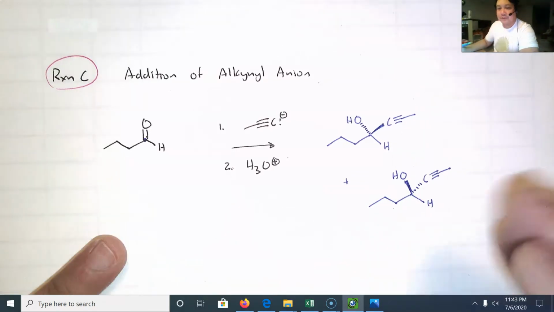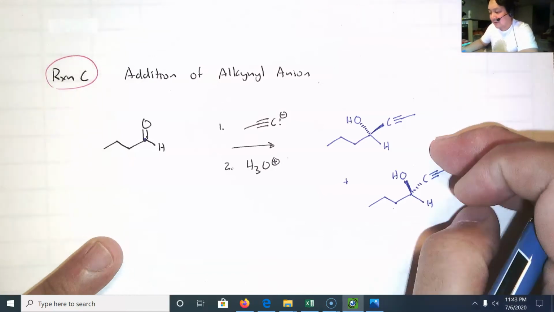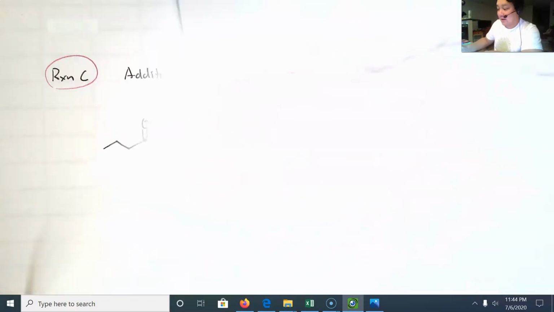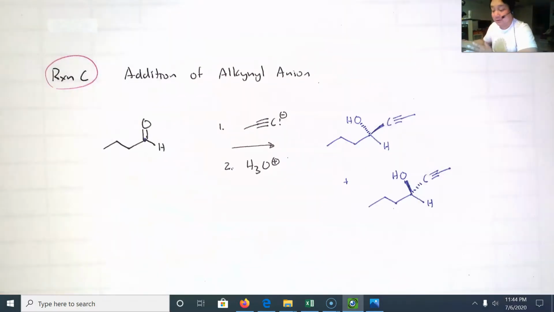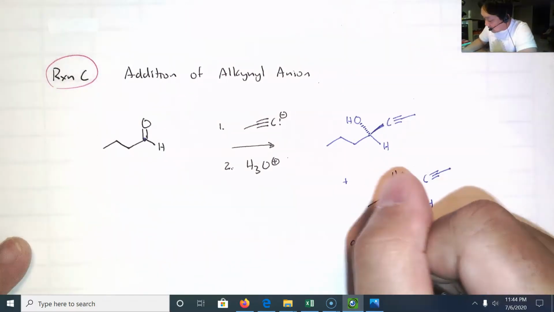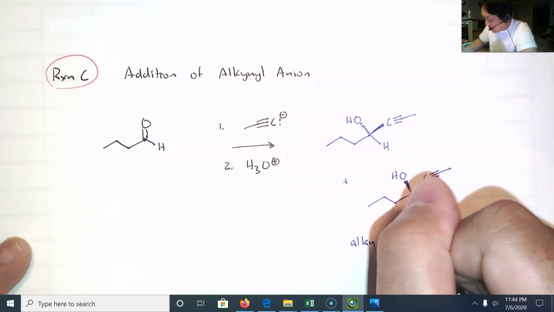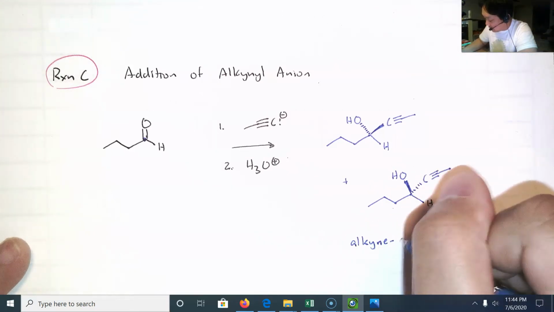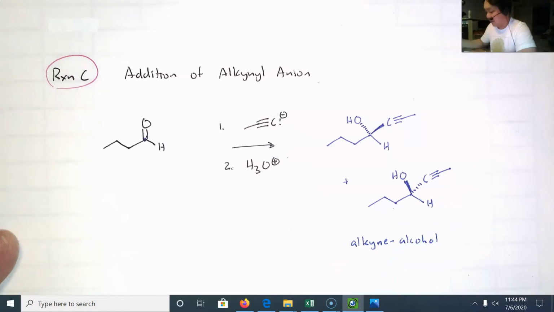I don't know if there's any special name for this, like we had for the cyanohydrin. This is just an alkyne alcohol. Why don't we go with that? Alkyne alcohol. We're not going to name this.